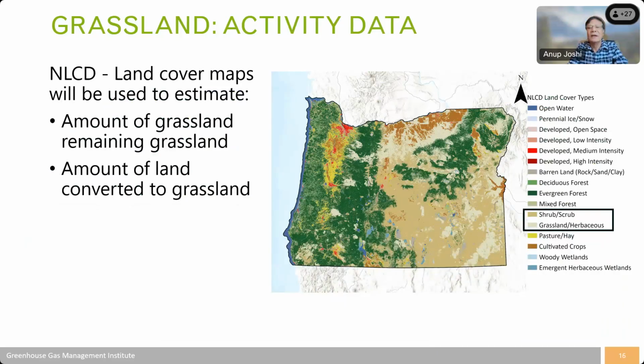For the grassland type, the NLCD classes are shrub and scrub, and grassland herbaceous layers. For the shrub and scrub, we go to the FIA database and get the carbon densities for above ground biomass and below ground biomass. For the grass and herbaceous layer, the FIA database doesn't cover it.